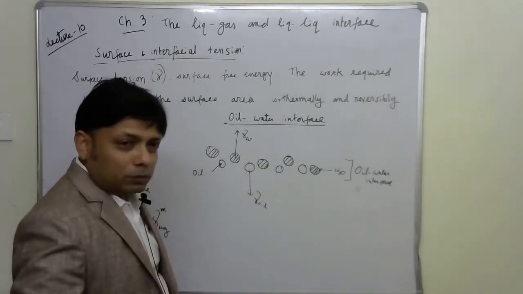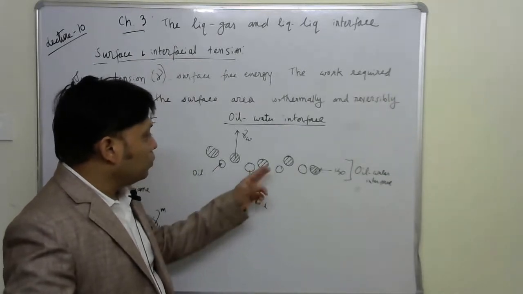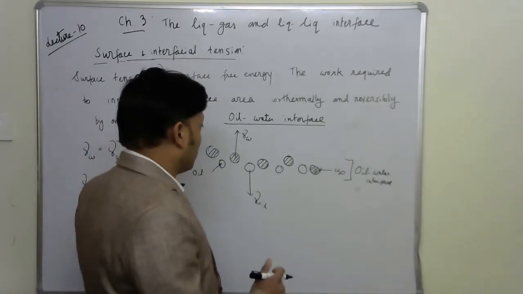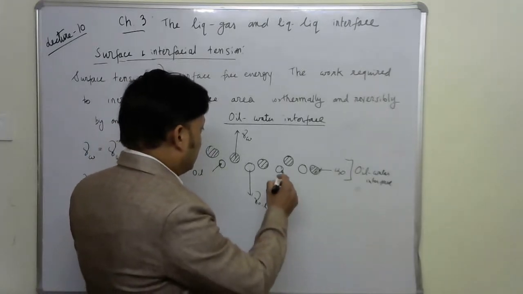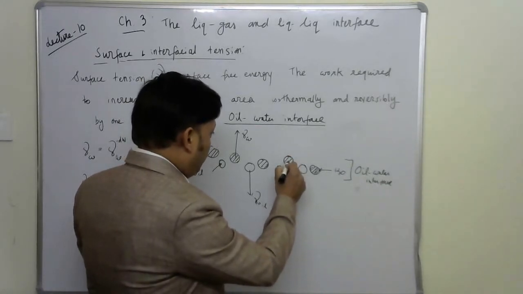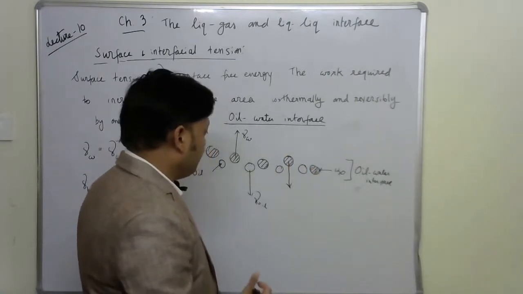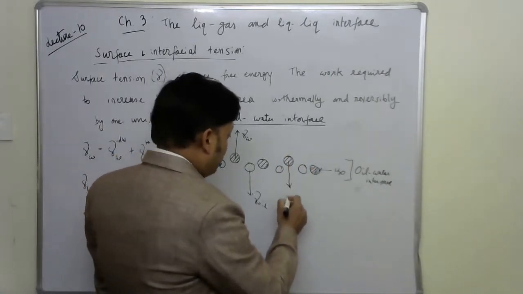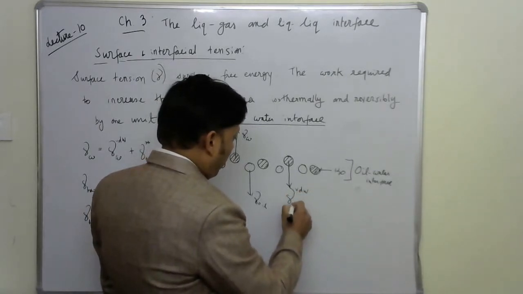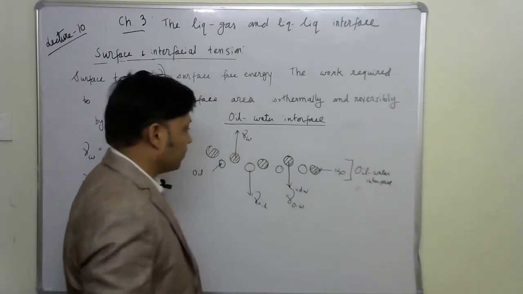But now you see we have an interface between two different substances, that is oil and water. So what would happen is that these water molecules would feel a pull towards the oil medium, and this pull is mainly due to gamma van der Waals oil water, so we can write OW.